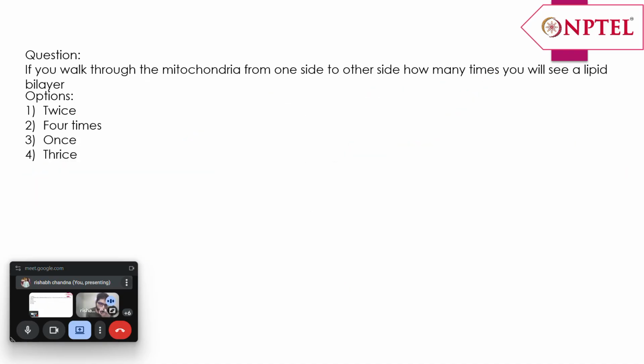If you walk through the mitochondria from one side to the other side, how many times will you see a lipid bilayer?